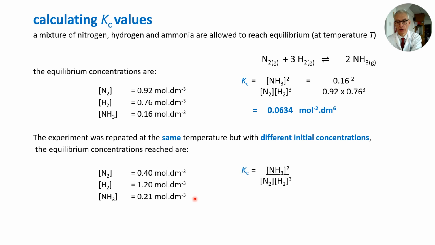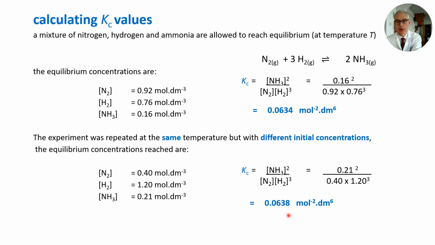Okay, so same Kc expression. Substitute in the correct values. Ammonia 0.21, nitrogen 0.4, hydrogen 1.2 cubed, and solve.